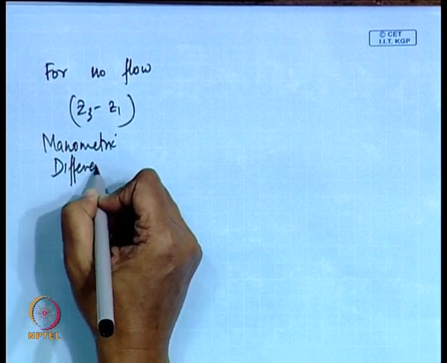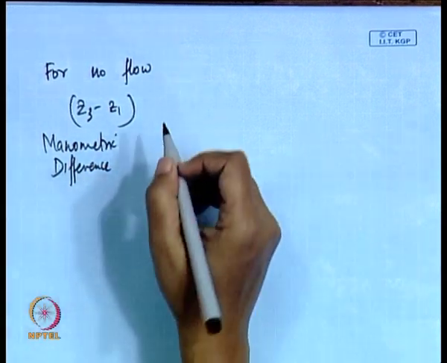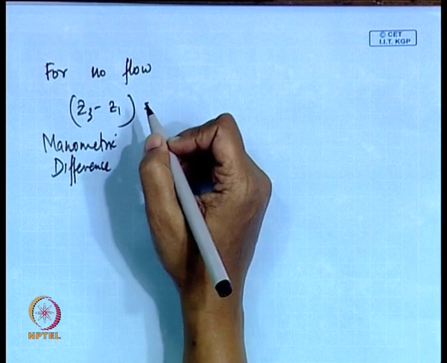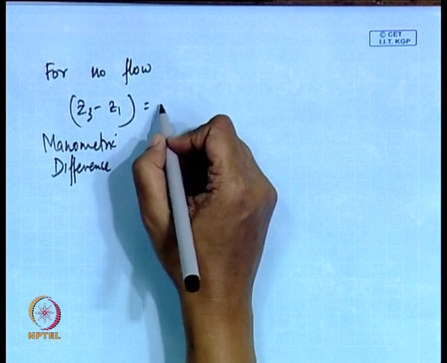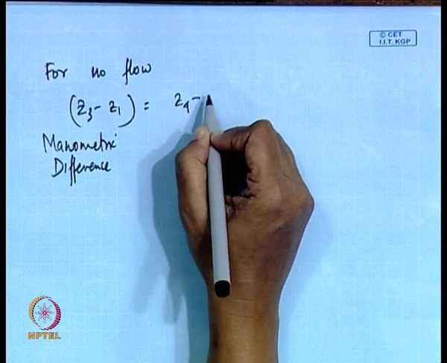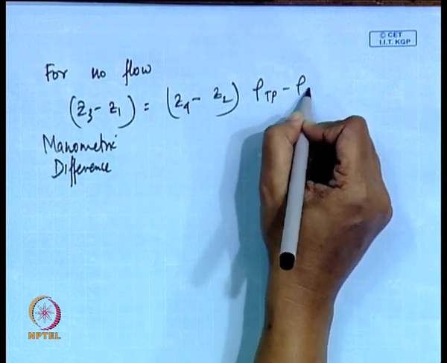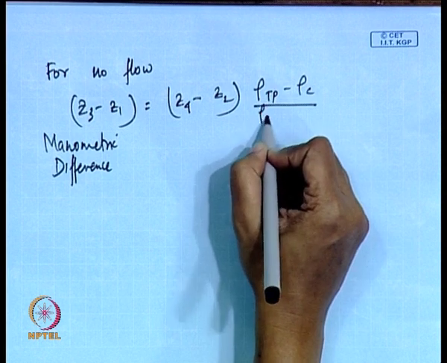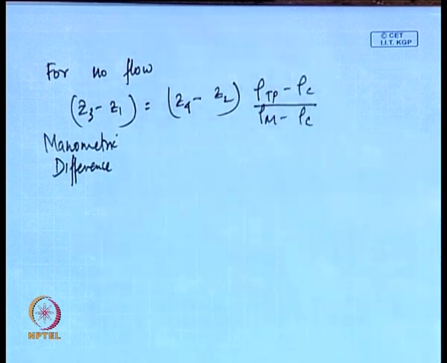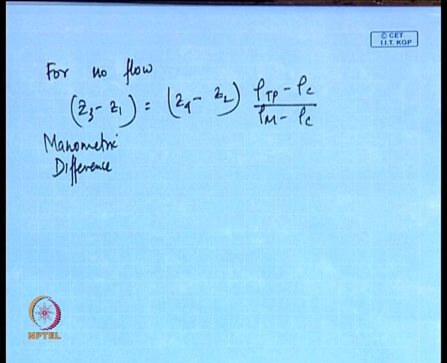That means, when simply the two phase mixture is standing there, we should get Z3 minus Z1 equals Z4 minus Z2 into rho TP minus rho C by rho m minus rho C. Is it clear to you? Is this derivation clear to you?